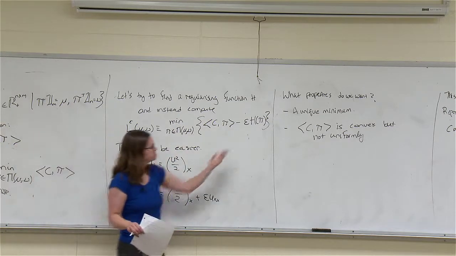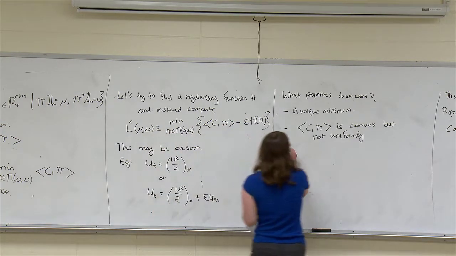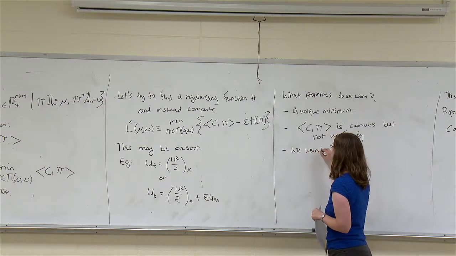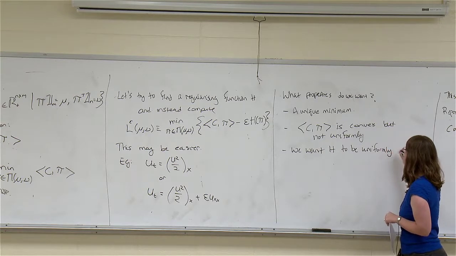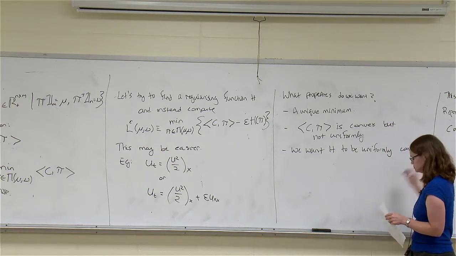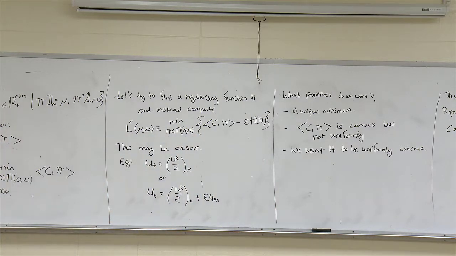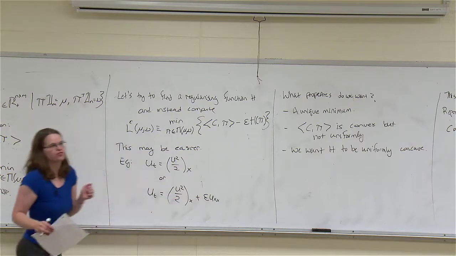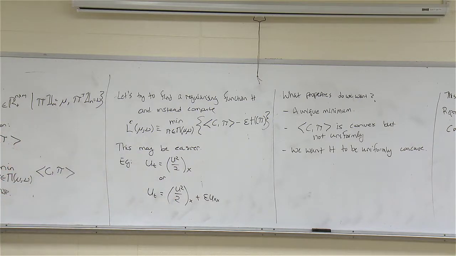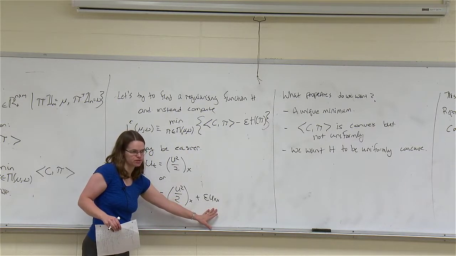So what should be true about H? H should be concave, yeah. So we want H to be uniformly concave. Again, I'm just going to wave my hands a bit for now, but we'll try to make this more precise. When I add my regularizing term here, this has the property of smoothing solutions out, right?